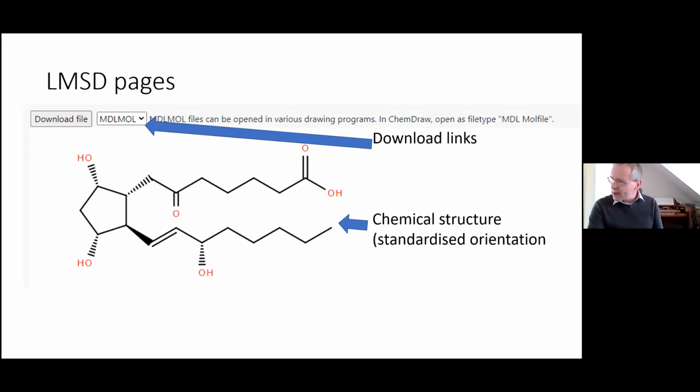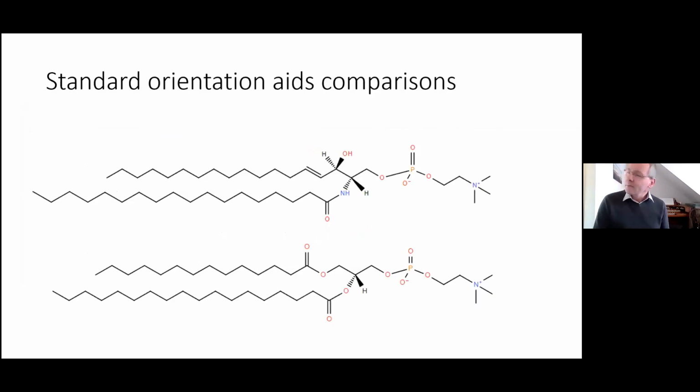Now, a couple of days ago, I think it was Al Merrill talked about standardized nomenclature and standardized representations when he was saying that sphingomyelin and phosphocholine actually looked similar. And if you draw those 2 molecules in a standard orientation, you can very easily see that they do look very similar.